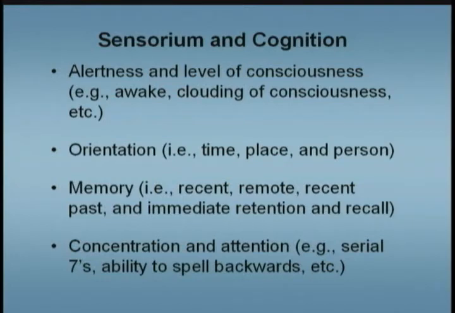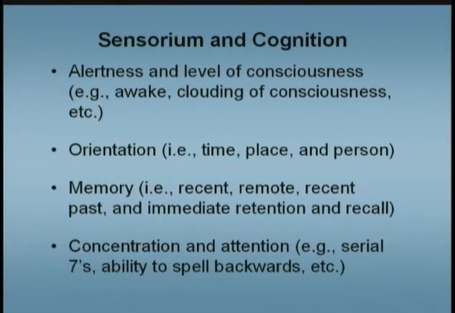Another section will be concentration and attention. And this is an area that people with depression tend to have problems with. For example, the way we test concentration is that you might ask the patient to perform what's called the serial 7s or the serial 3s.